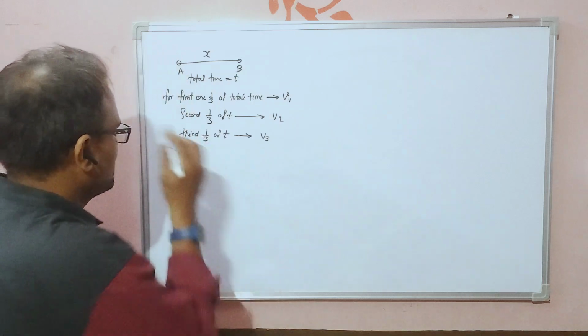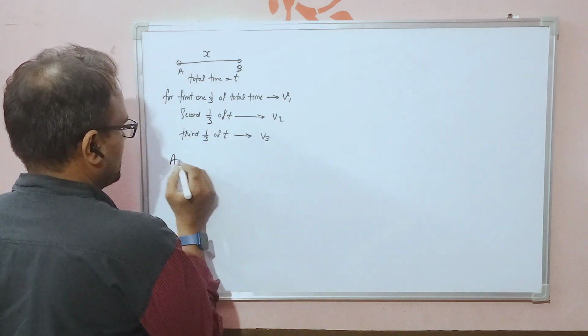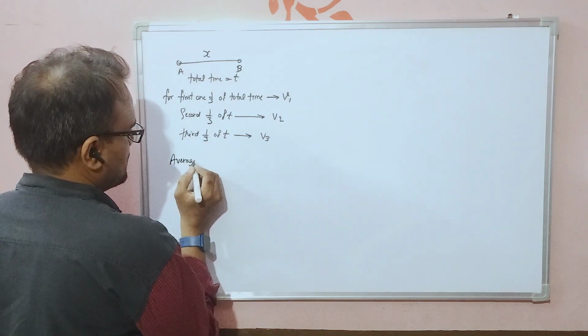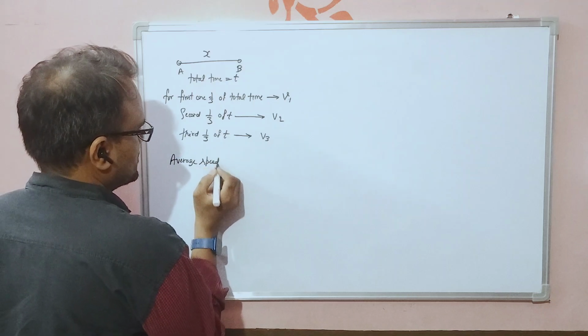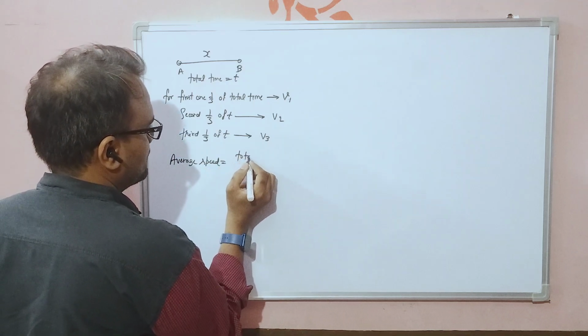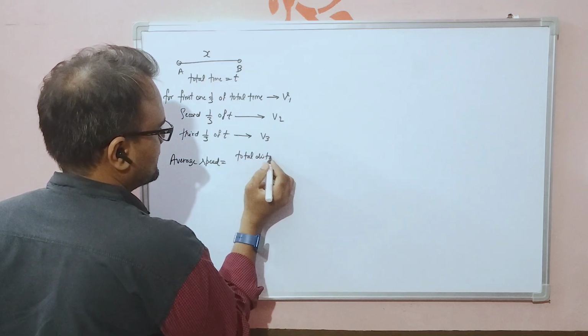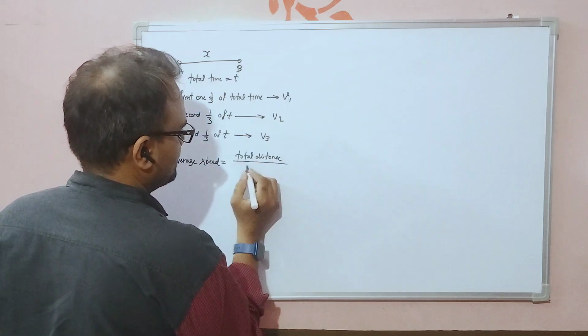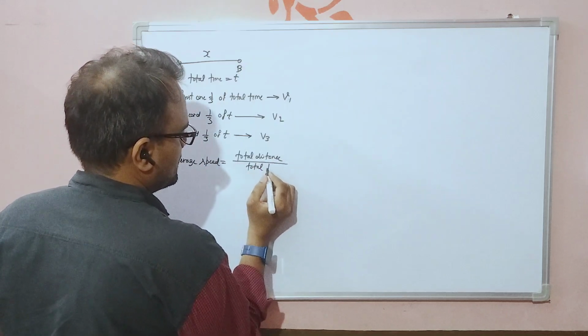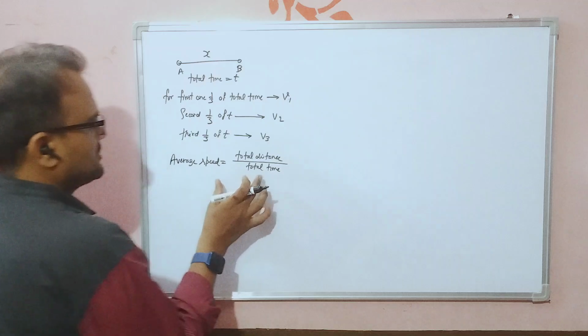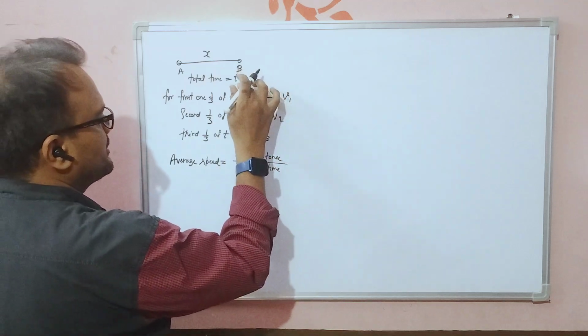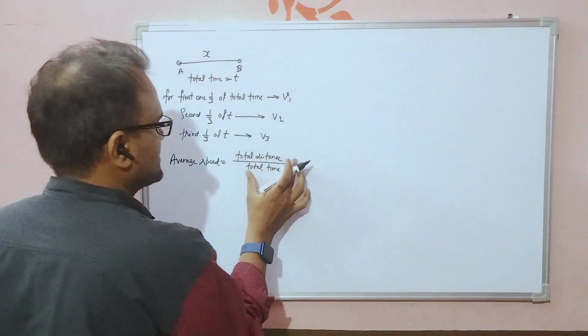So let's see. For this we apply the formula average speed is equal to total distance upon total time. So I will put the total time, that is equal to t, but we need to calculate the total distance.